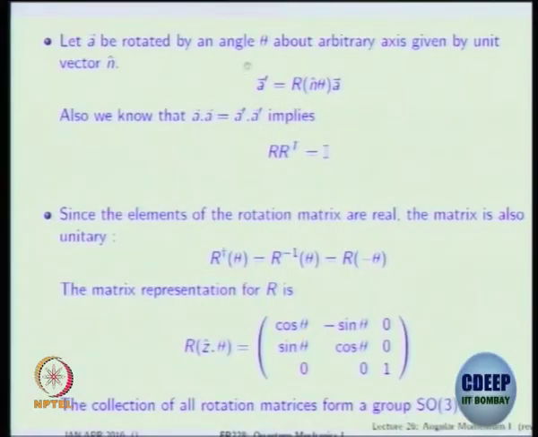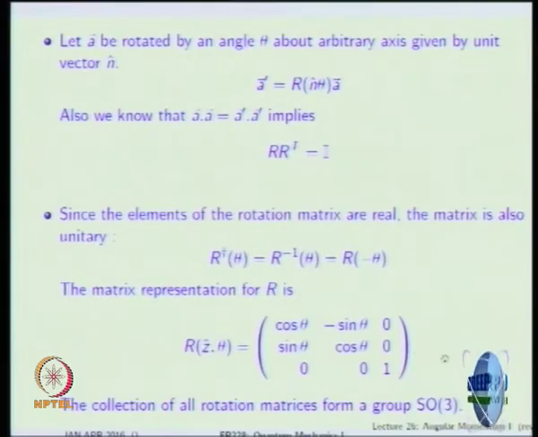So SO(3) is a fancy language. If you go and see any book, you will see SO(3) is the group of rotations. So this is nothing but a collection of all the rotation matrices about any arbitrary axis. Okay? Don't get scared by this notation.